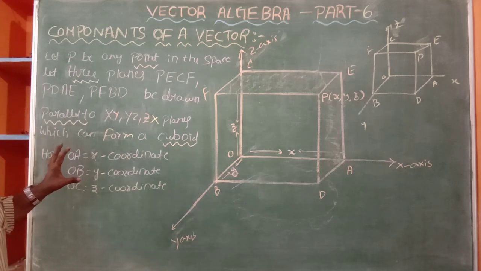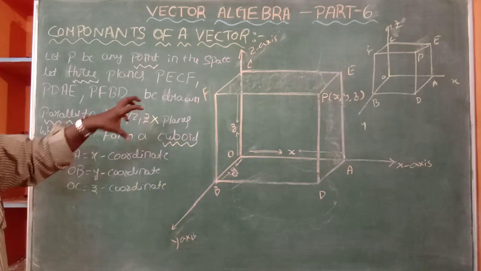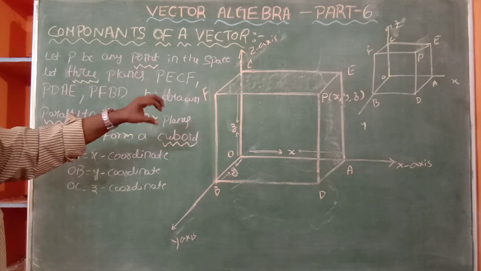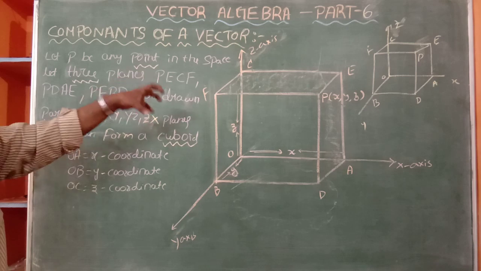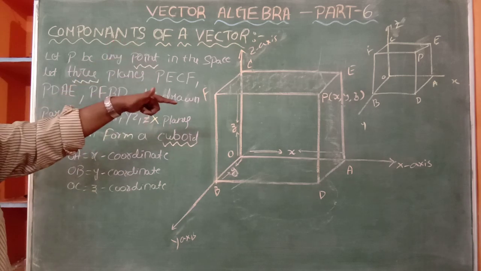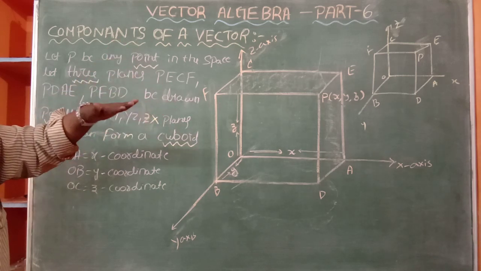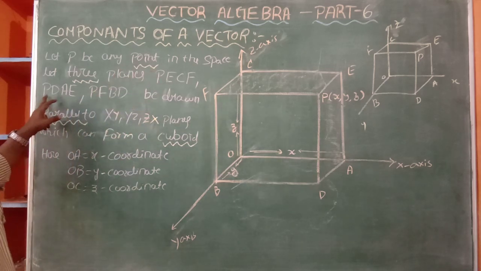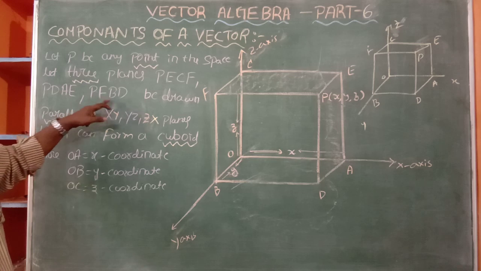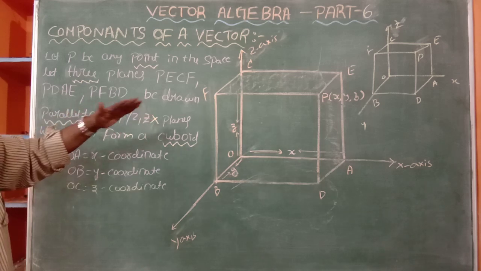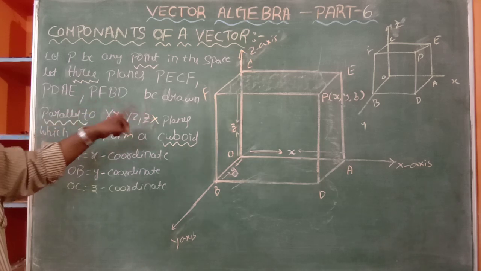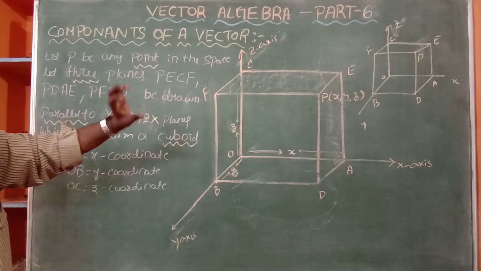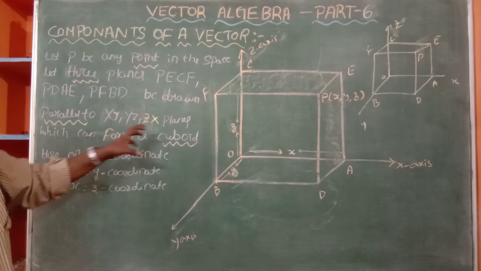Try to understand. The main thing is drawing the three-dimensional x, y, z space. It is called space. In the space, we are taking point P. Through the point P, 3 different planes, PECF, PDAE, PFBD, which are parallel to the XY, YZ, ZX planes, so that it forms a cuboid.